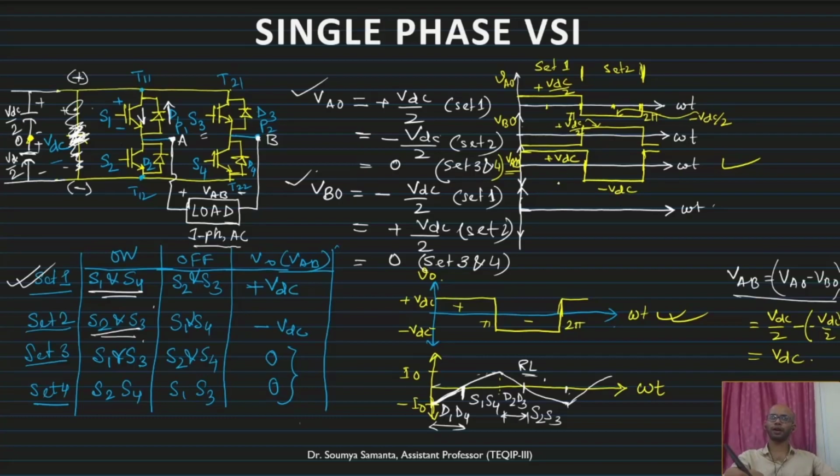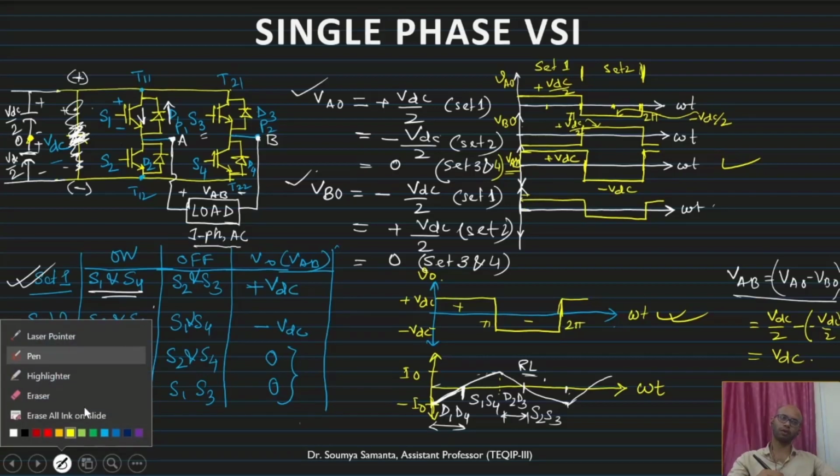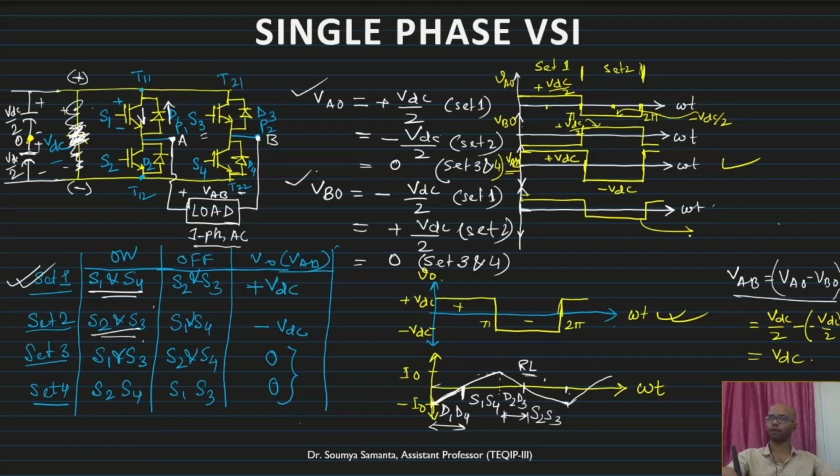So now what will be the current? So obviously that depends on the load. If this is R load, we will get this, suppose the VDC less than some point. This will be our current waveform for R load. Now if I change the load, this is for R load.